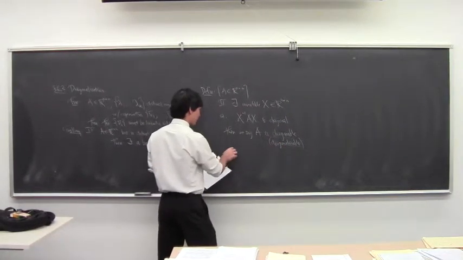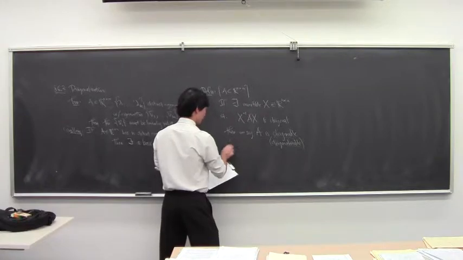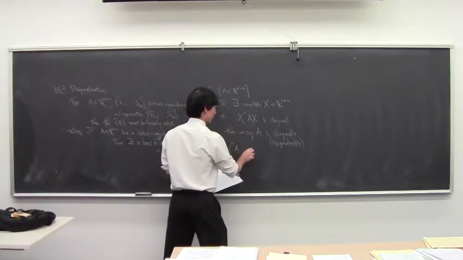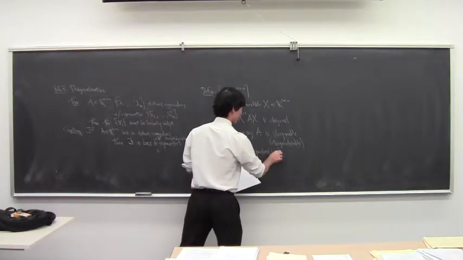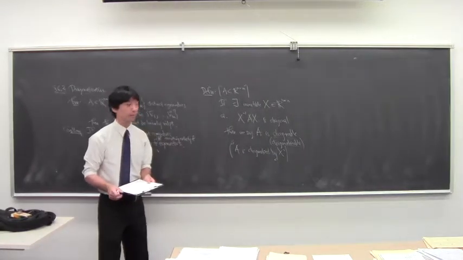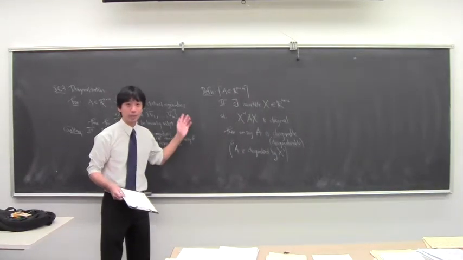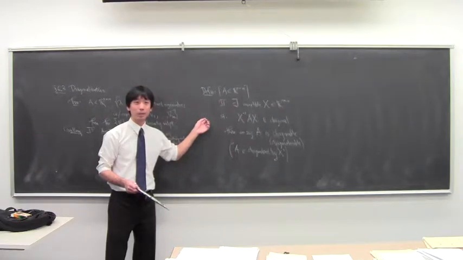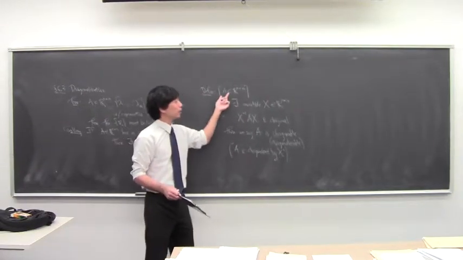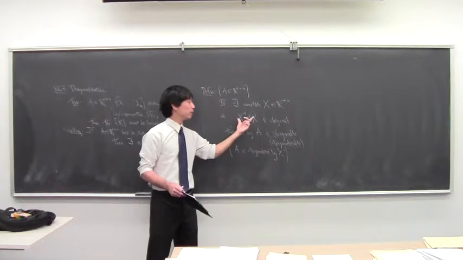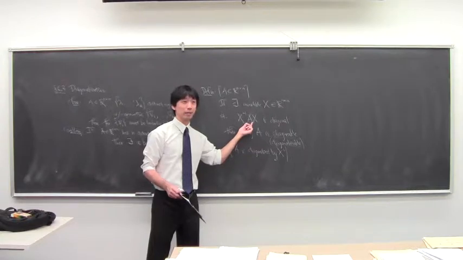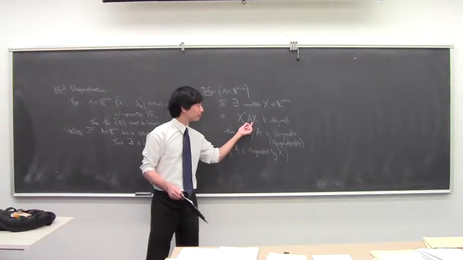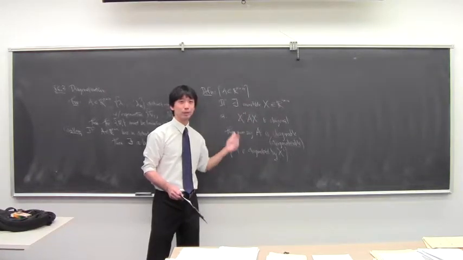And we also say that A is diagonalized by X. So nothing fancy yet, right? We're just introducing a term. If you have a matrix and you can conjugate it by some other matrix and get a diagonal matrix, then you call this guy diagonalizable. In other words, if you're similar to a diagonal matrix, you're diagonalizable.